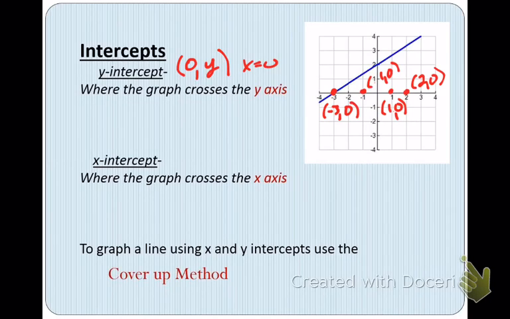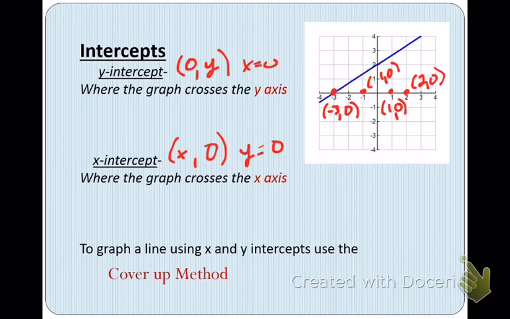Okay? In other words, all x-intercepts have a y-coordinate of 0. The x-coordinate is going to be whatever number we are on the x-axis. So in other words, y is always going to be equal to 0 if it's an x-intercept, if we're trying to find an x-intercept.